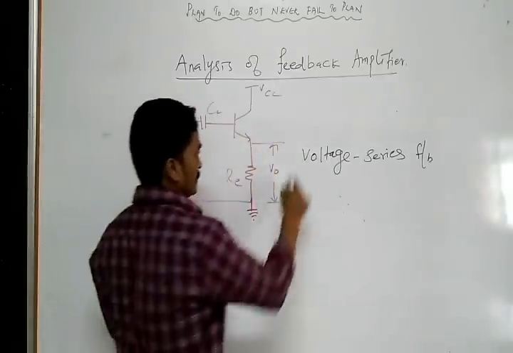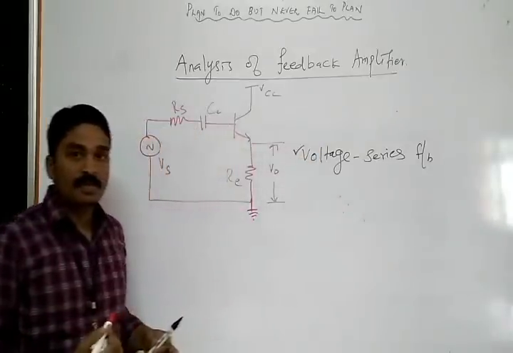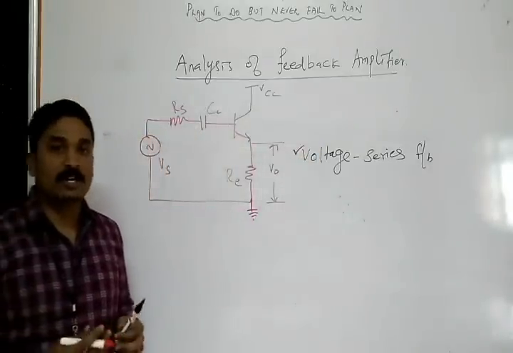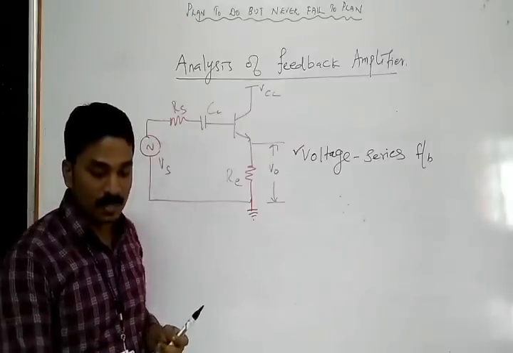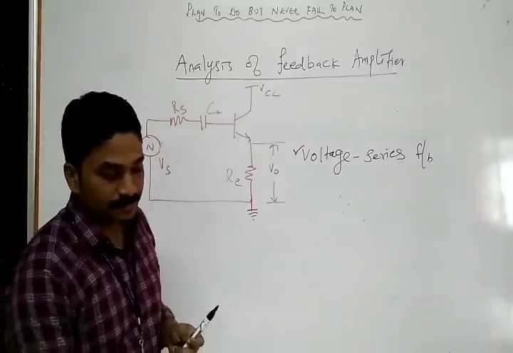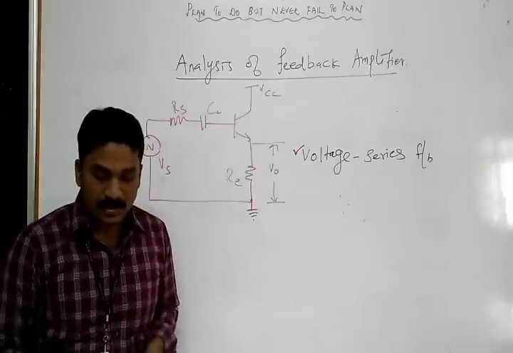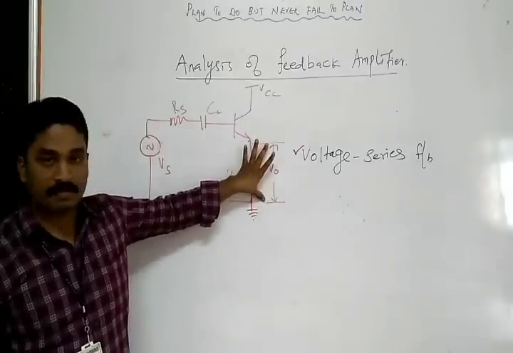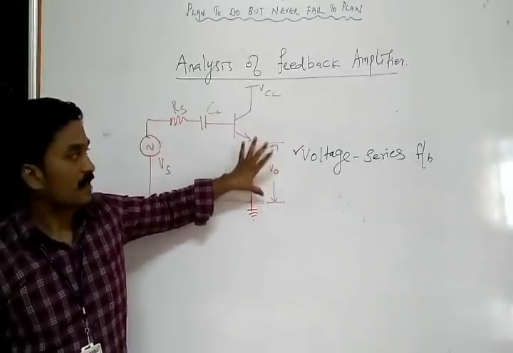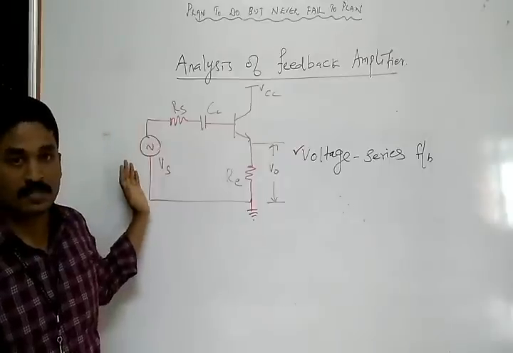After identifying this, what is the third step? We need to draw the input side and output side circuit. According to the rule, the third step is, if this is voltage sampling, make V0 equal to 0 at the output side and write the remaining things at the input side.